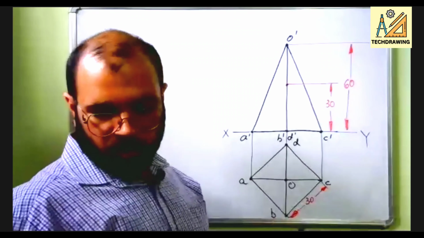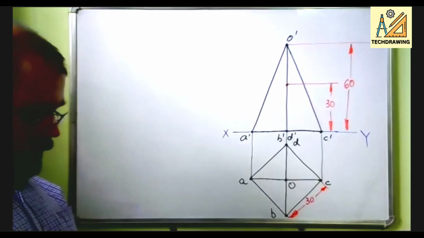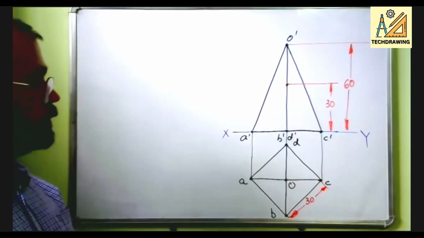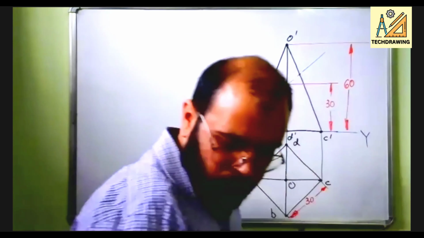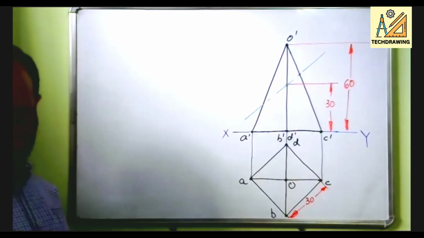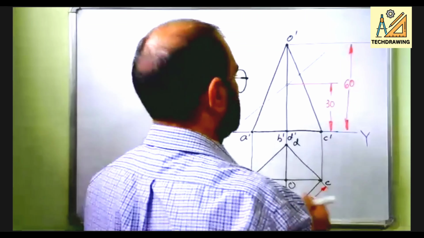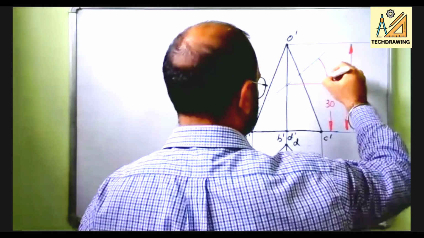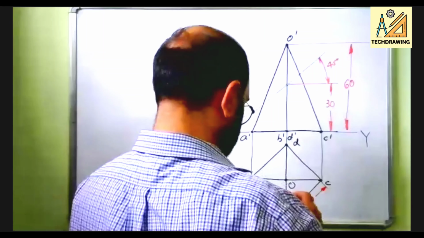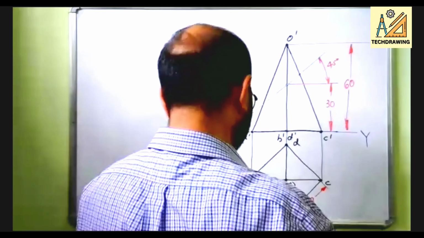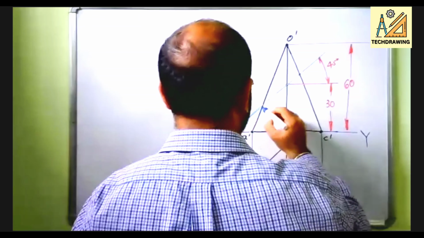So from here you can draw the cutting plane line, inclined at 45 degree. So this angle is 45 degree, and it is drawn thick from the edges.